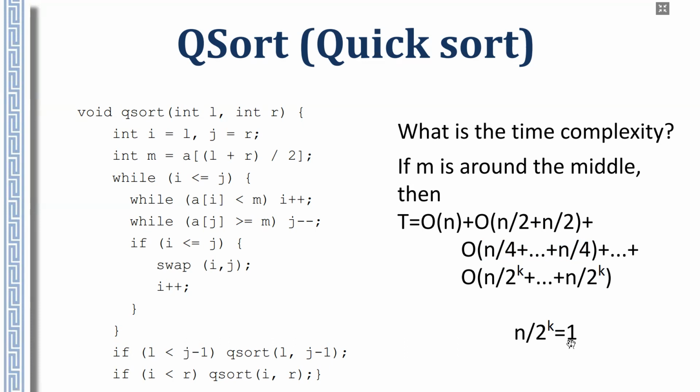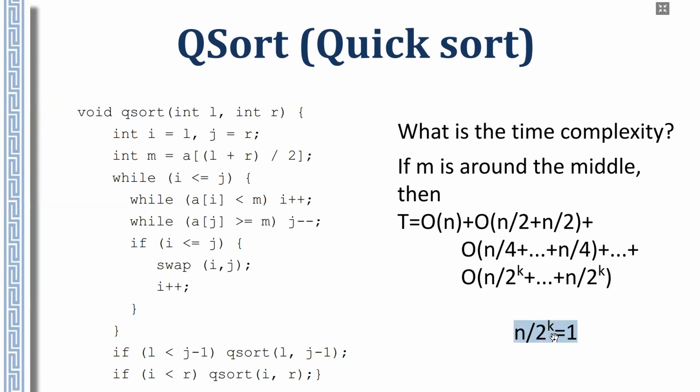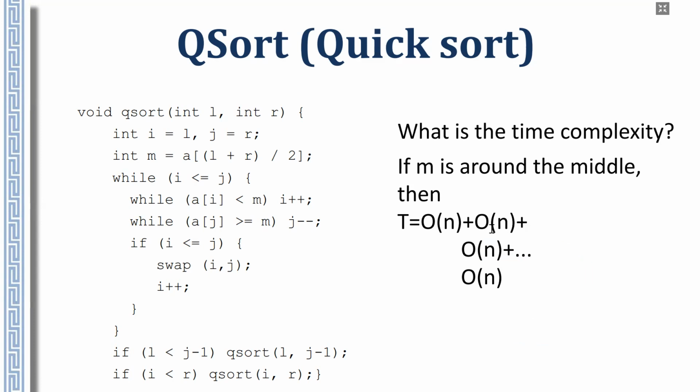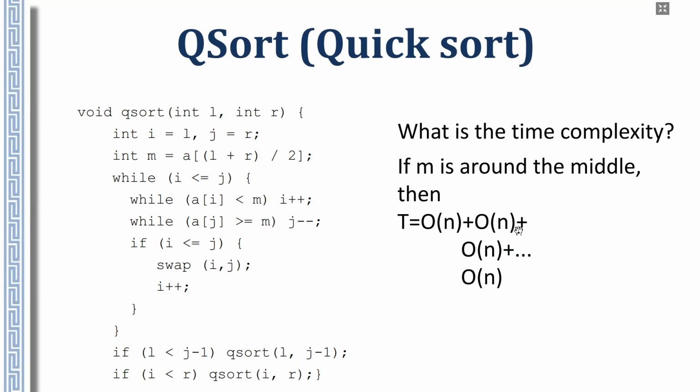Let's collect each part of this sum to n, because here n over 2 and n over 2, 2 summands, n over 4 and so on, 4 summands, and so on. Each of these sums is n. And we have total complexity nk.